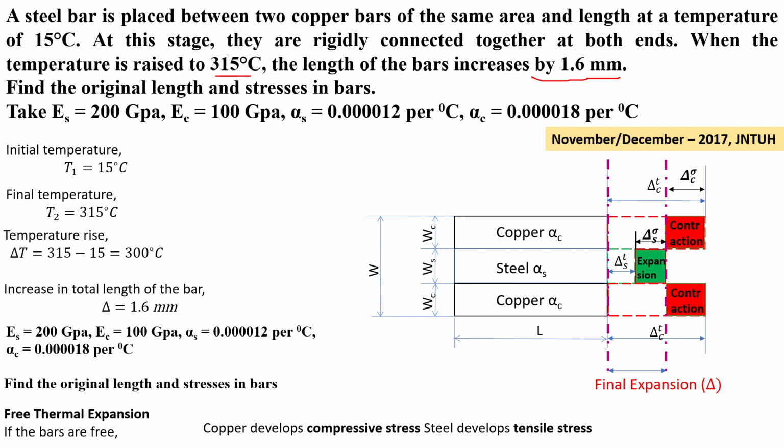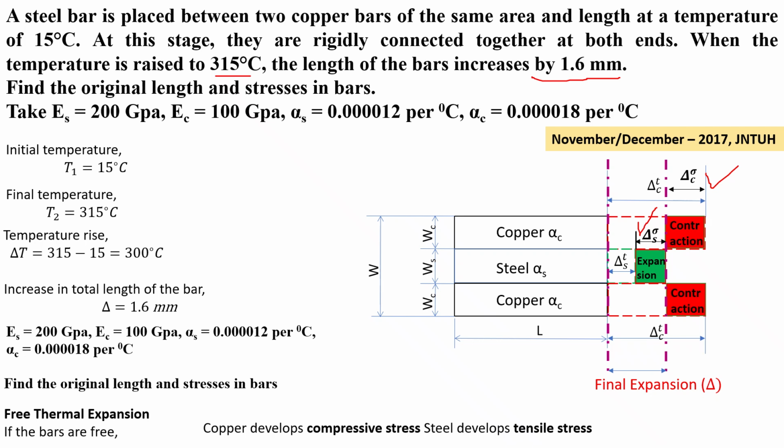Then the amount of contraction in the copper bar due to the compressive stresses, let's consider delta C sigma. Similarly, let's consider the amount of expansion in the steel bar to be delta S sigma, which means expansion of the steel bar due to the tensile stresses.